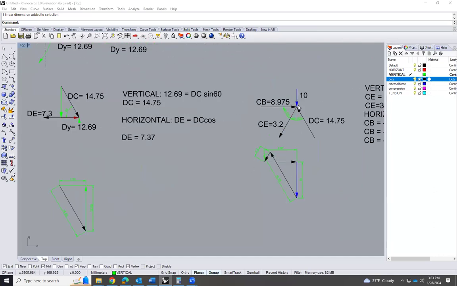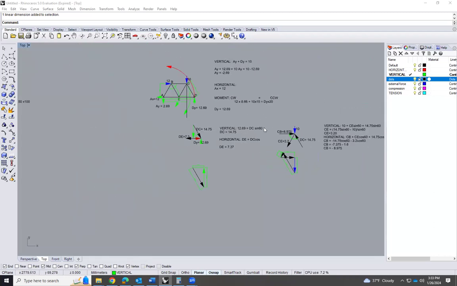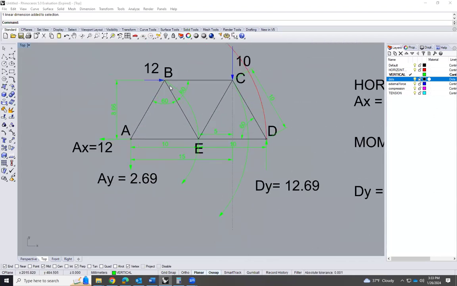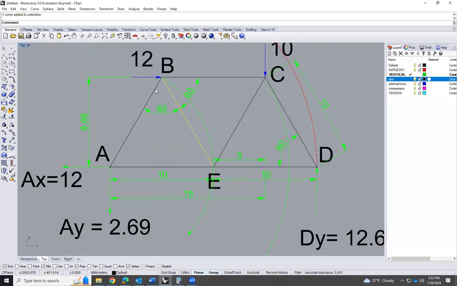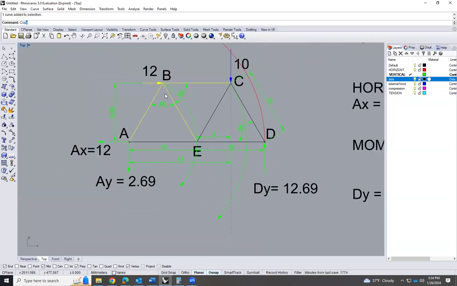So with this one, we have solved these point, and the next one will be point B. I'm going to copy everything that we have at point B. Okay, copy.